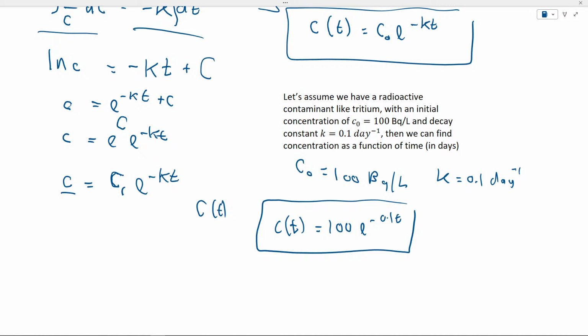You can use tritium to study groundwater age, for example, and see if this is young water or old water, and learn about the groundwater age and the transport, how this water flowed from recharge until the current point. So that would be the equation of the concentration decay of tritium.